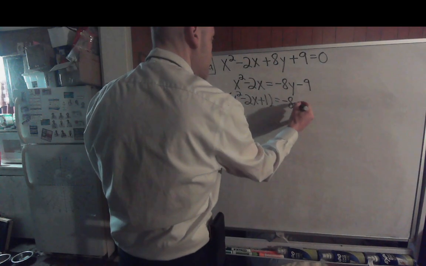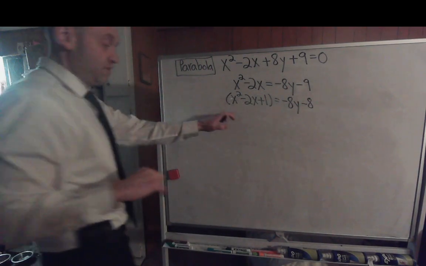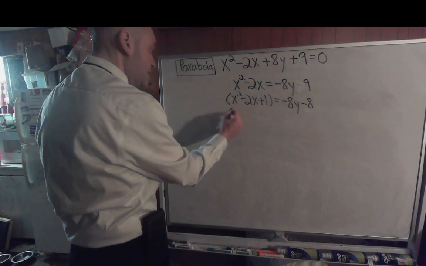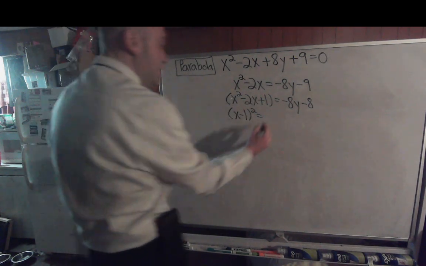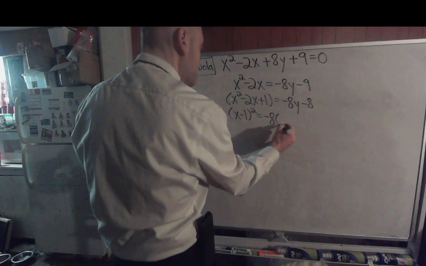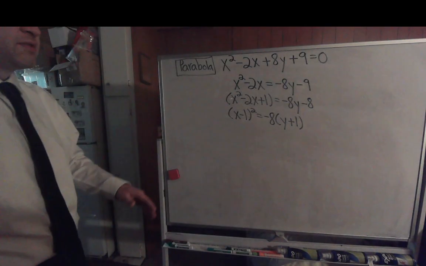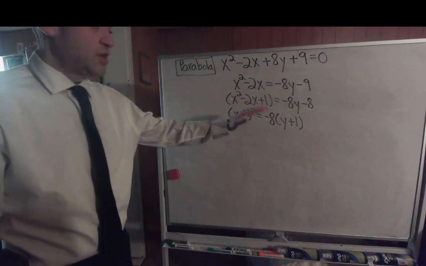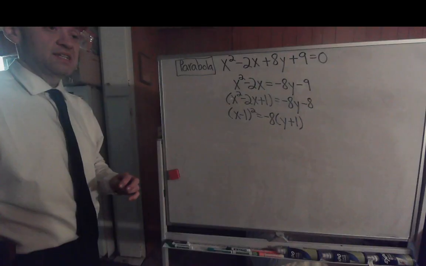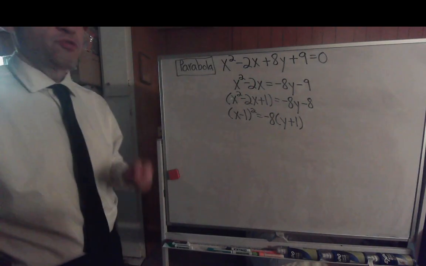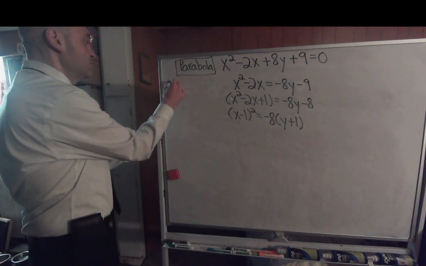That would give you negative 8y minus 8. So this should factor then into x minus 1 squared equals negative 8 times y plus 1. So we have now the equation of a parabola in standard form. Now, which axis does it have symmetry with? Remember, it's always the linear variable. So this has y-axis symmetry.